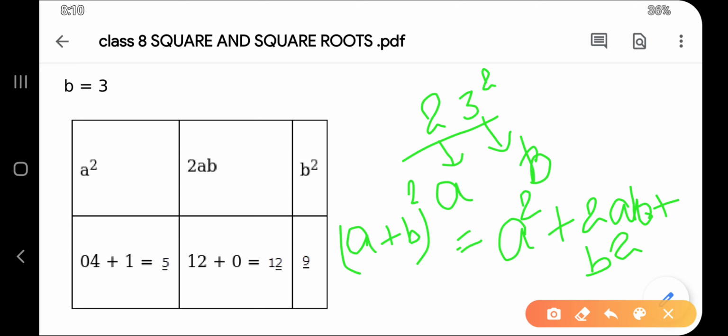This is also very simple. While calculating a square, 2ab or b square, you just have to keep the ones place, and the rest would be transferred to the other column and added to that column. Keep in mind, you just have to add the carry to the next column.